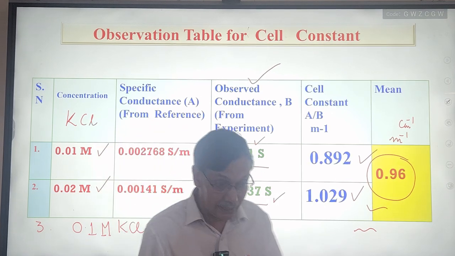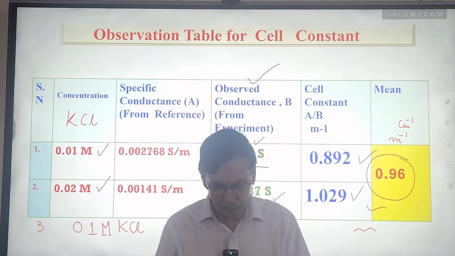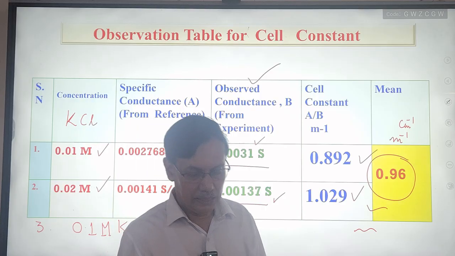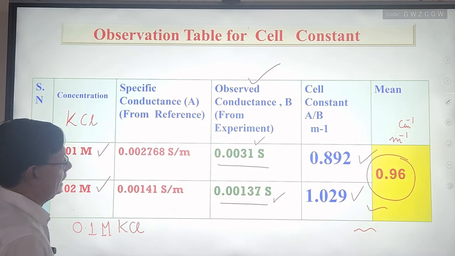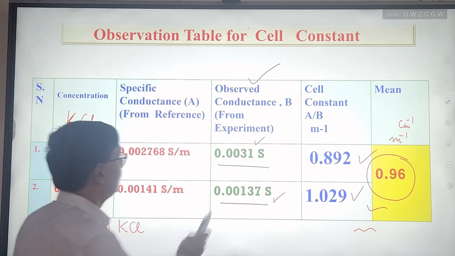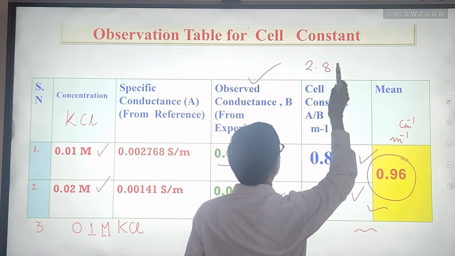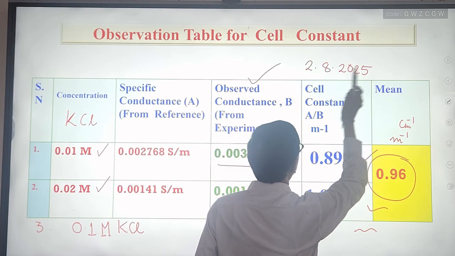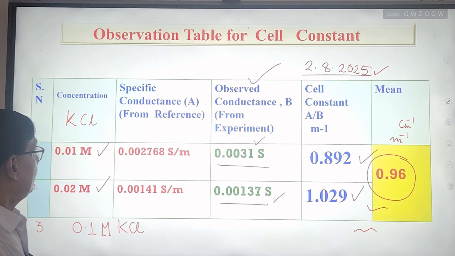Now I am coming to your second part. That means you have measured the observed conductance of 5 different acetic acid solutions. Let me see your results. And date of experiment is, I think, 28/2/025. So now the second experiment.